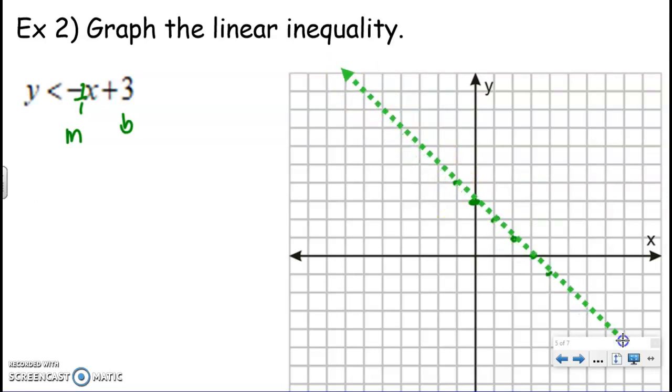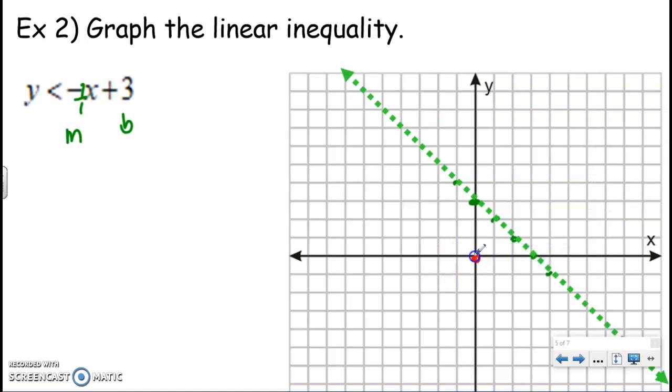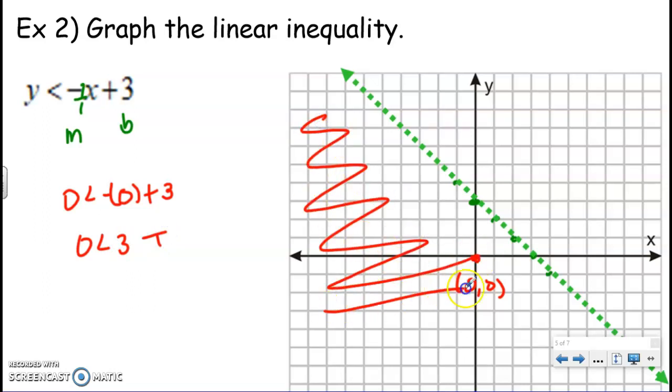Hopefully this is a nice straight line. Okay, and then we're going to test a point. So I'm going to go ahead and plug in 0, 0. So I get 0 is less than -0 plus 3. Plug that in my calculator. I get 0 is less than 3, which is true. So put my pencil on that point and shade that side, and we're done.